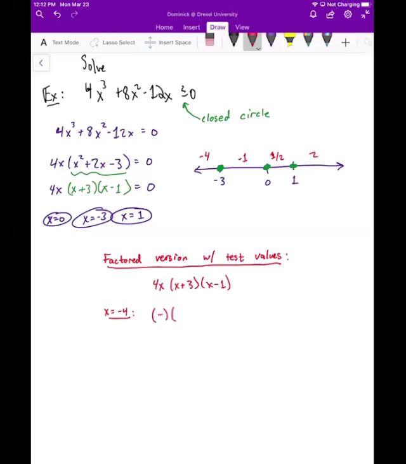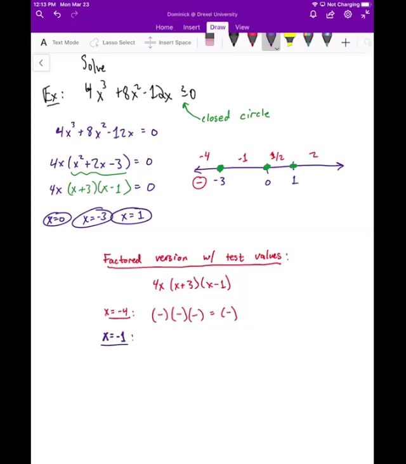X plus 3 will also be negative, because -4 plus 3 is -1. And then -4 minus 1 is also negative. If you multiply 3 negatives together, you get a negative. So this section here will be negative. All right, moving on to x equals -1.